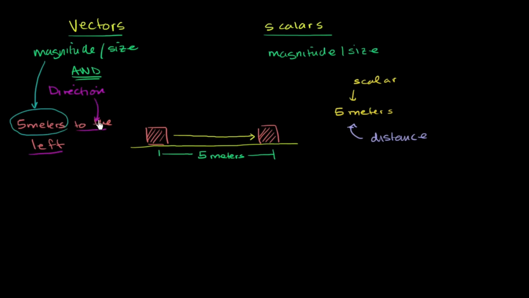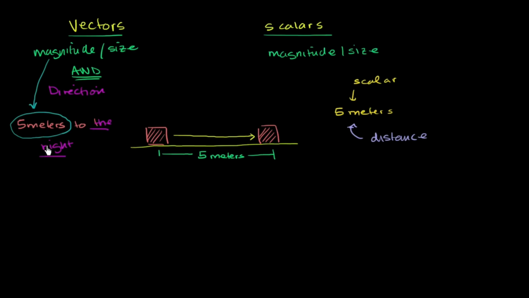So you now explicitly know that they went 5 meters to the, oh, sorry, it should be 5 meters to the right. Let me change that. The direction to the right is what it got moved. It started here, it went 5 meters to the right. So once again, the magnitude is 5 meters, and the direction is to the right.